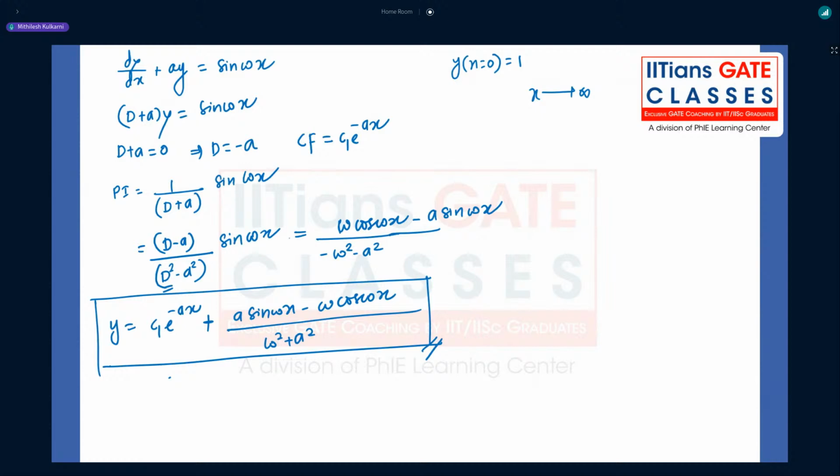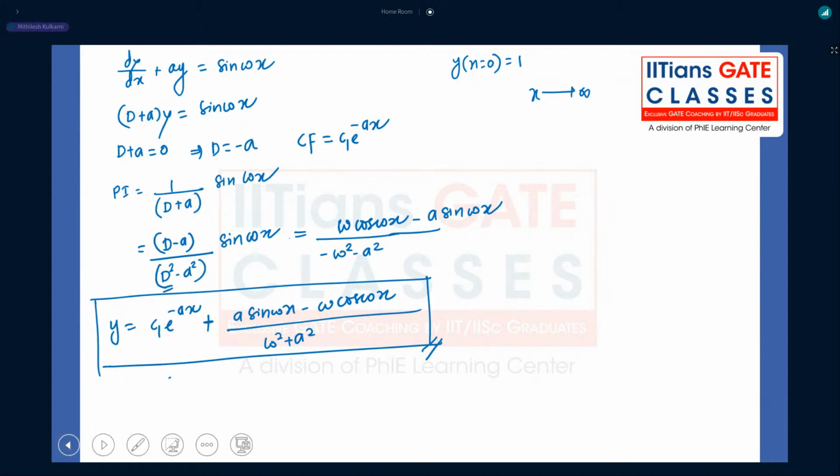Okay, if it is clear till this, then what we have to do is we just have to put in the options which are given here and try to get the solution out of it.